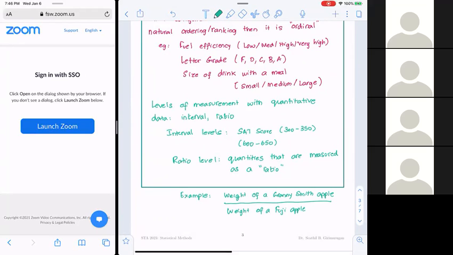And if that number happens to be 1.7 for the most part, we can conclude that the Granny Smith apple is typically 1.7 times the weight of a Fuji apple. So that particular variable is measured in a ratio level. And it is commonly used in the sciences.